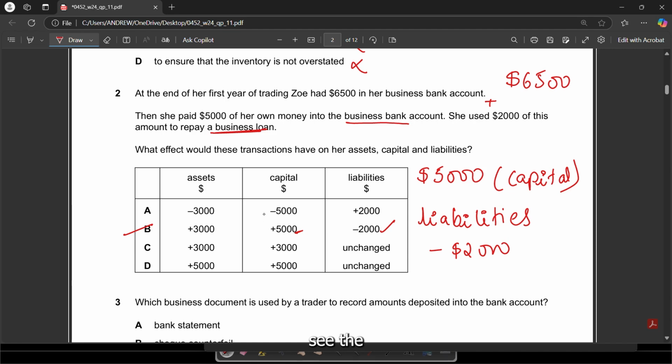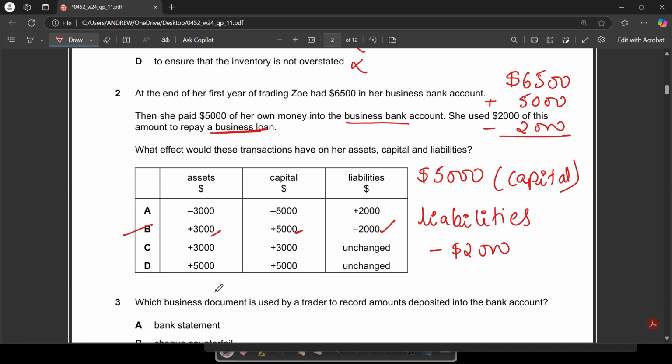Let's also see what happened to the asset part. There was an introduction of 5,000 in her bank account, so this got increased, but at the same time we reduced 2,000 to pay the loan. So the net effect between these two was an increase of $3,000. That's the reason B is the correct option.